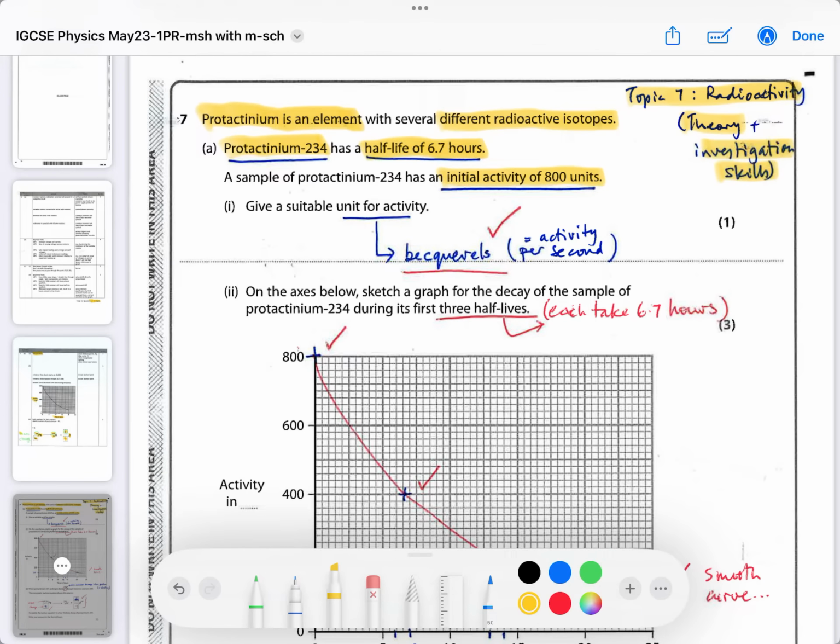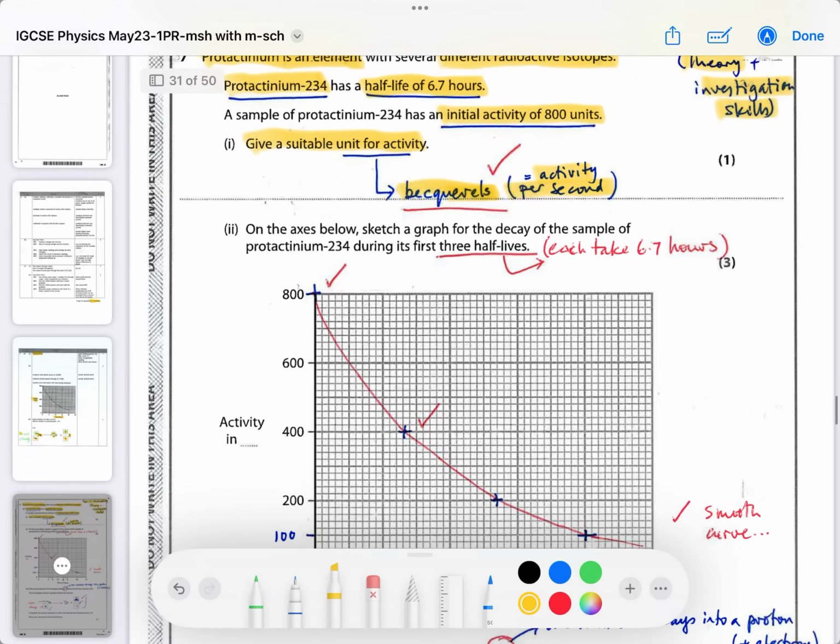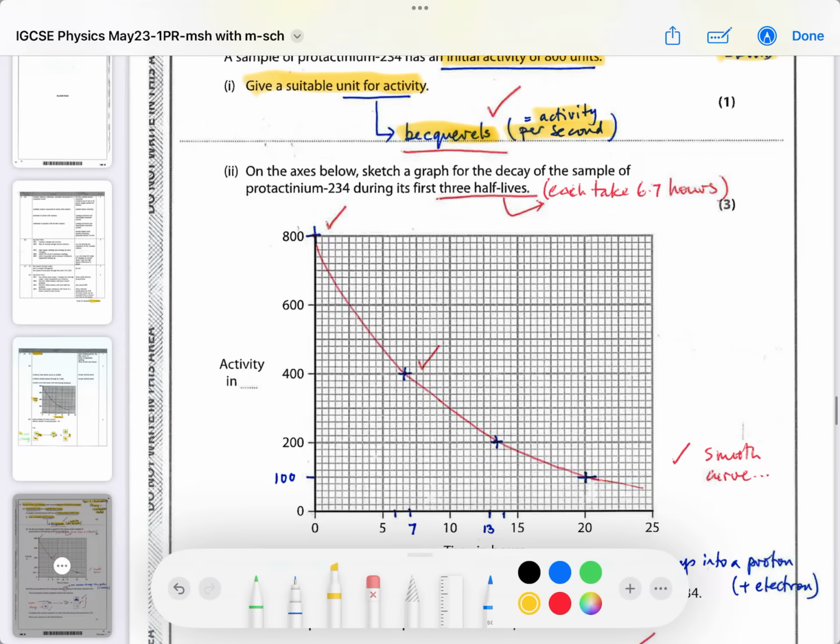And they want you to give a suitable unit for the activity. Well, the answer is becquerels, and that means the activity per second, how many of the nuclei are disintegrating or decaying per second. So that's 1 mark.